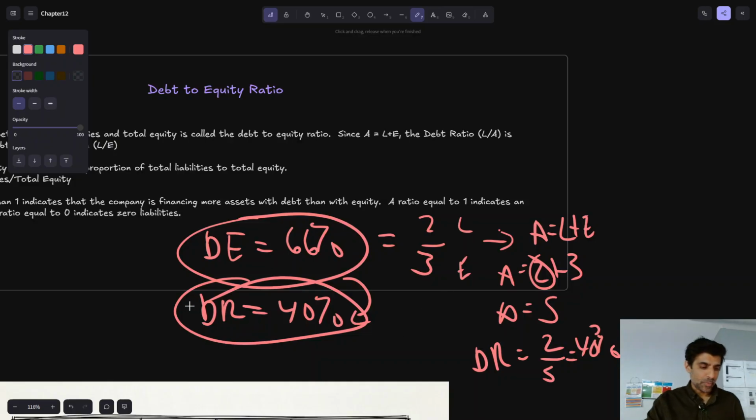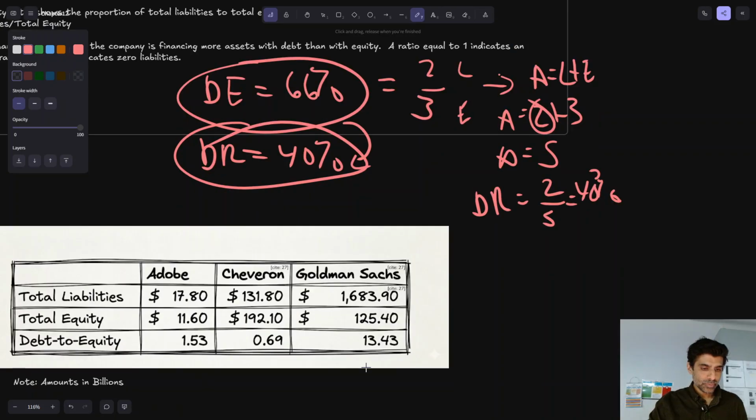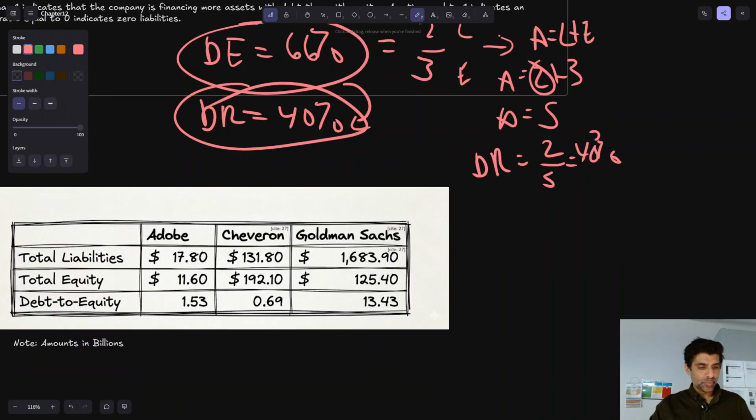And I guess I just have some sample calculations here. You can see for Adobe, they have total liabilities of this, total equity of this, 1.53 debt to equity. Chevron, an oil and gas company, you can see is lower.